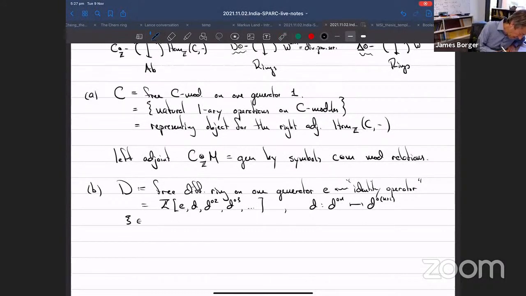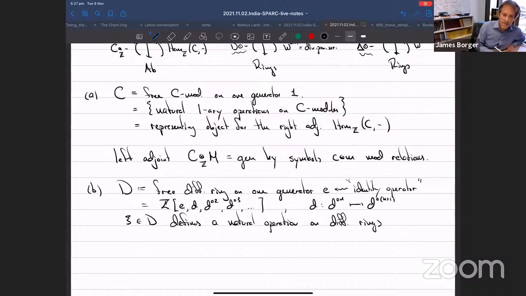So, how does that work? Suppose you have some polynomial expression in these Ds. This defines a natural operation on differential rings. And how does that work? So let me just give you an example. I chose an example which is the numerator of the Schwartzian derivative, to show that people care about these things.